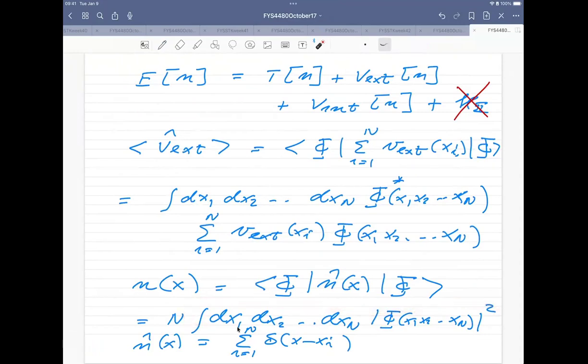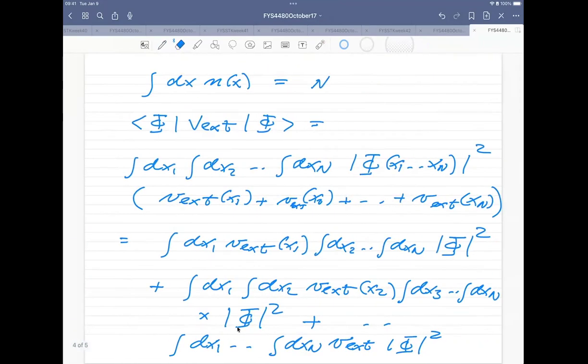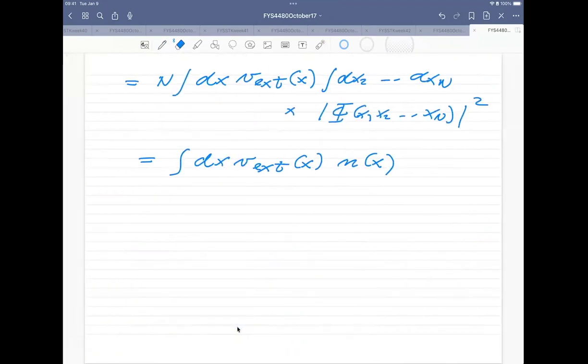So actually, now, by the way, I made a small error here. This should not be here. Sorry, that was just wrong. I saw that now actually. So if you do that, then you have the definition here of the density of the system and the external potential. So we can actually write this as the V external as a function of the density.